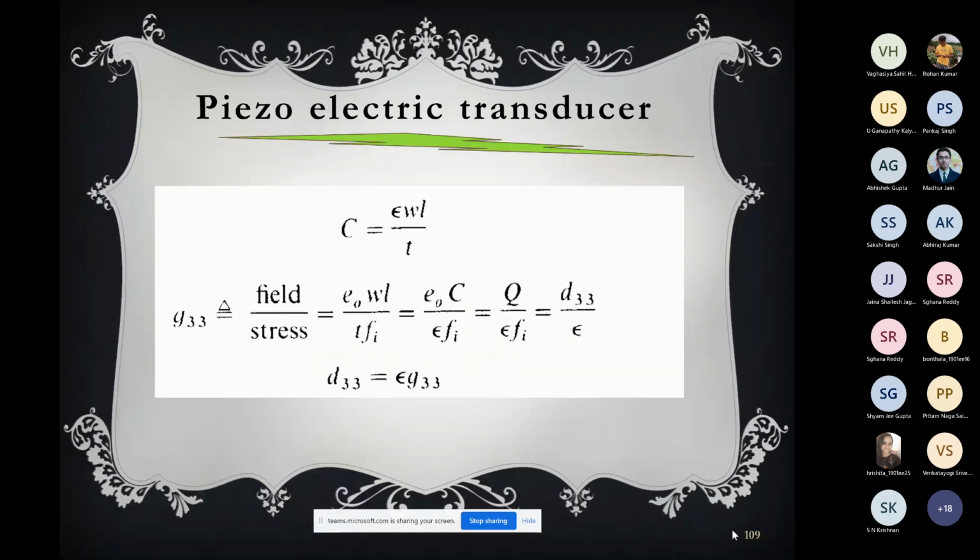You might be thinking whether G33 and D33 are independent. In fact, no. It should be noted that G33 and D33 are not independent.